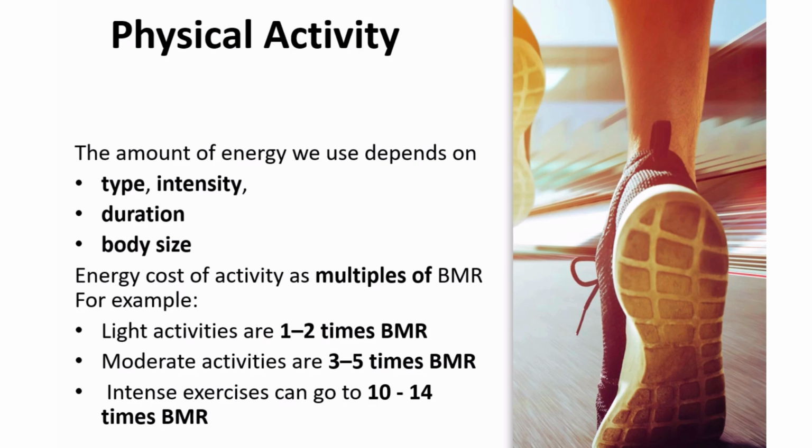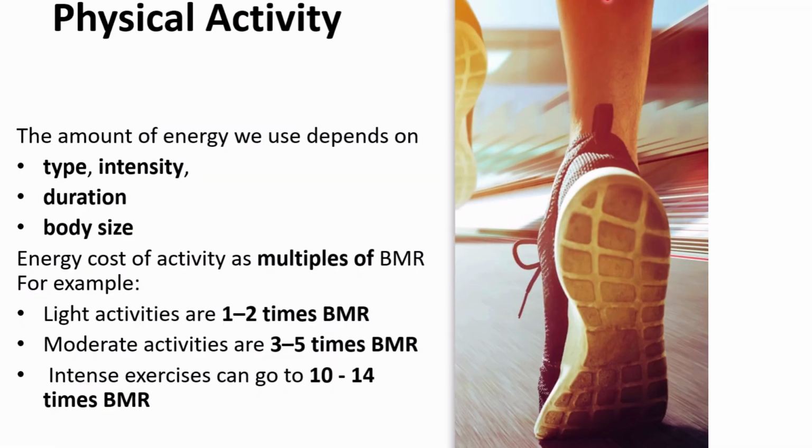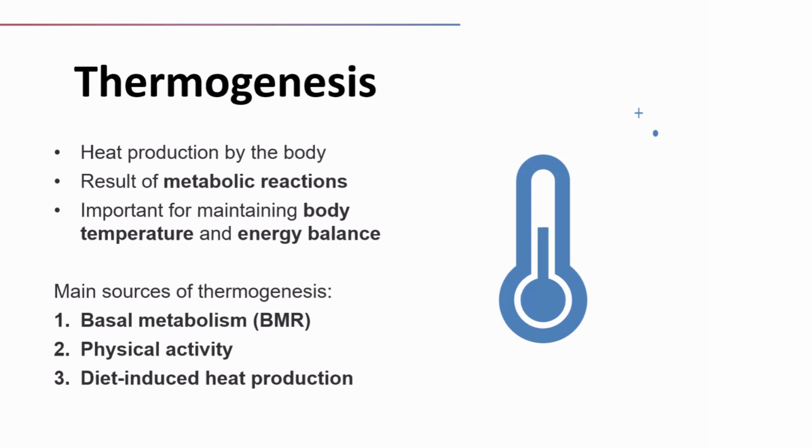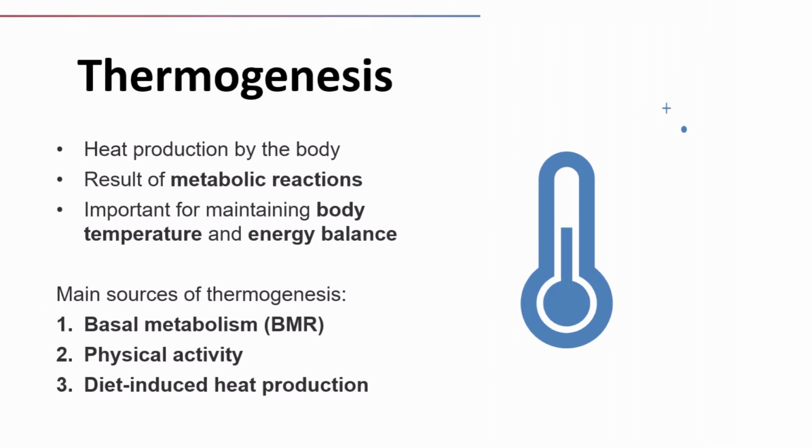Moderate activities like walking or cycling are 3 to 5 times BMR. And intense exercises like sprinting can go up to 10 to 14 times BMR. For most people, physical activity makes up 10 to 15% of their total daily energy use. However, in athletes or workers that work very hard, it can rise up to 70% or even more.